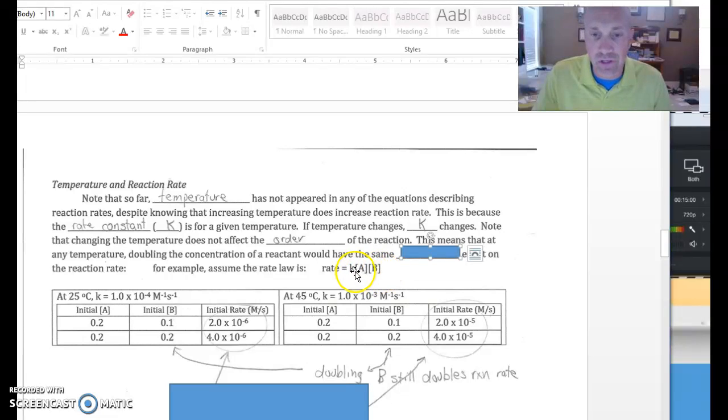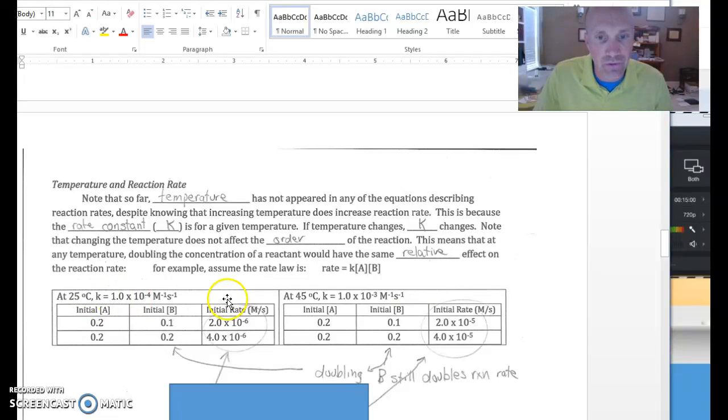If you take a look at this rate law, you would be able to see that it should be first order with respect to B. Therefore, if you doubled the concentration of B, you should see a doubling of the rate. So what you are going to see is that you're going to have the same relative effect on the reaction rate, no matter what the temperature is.